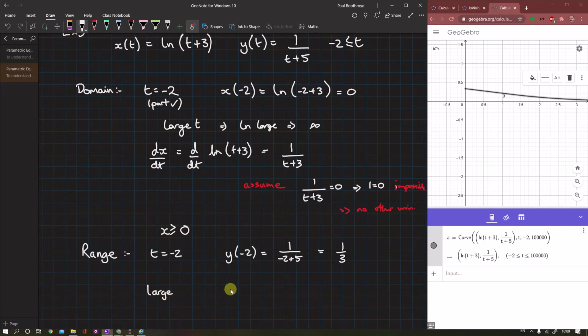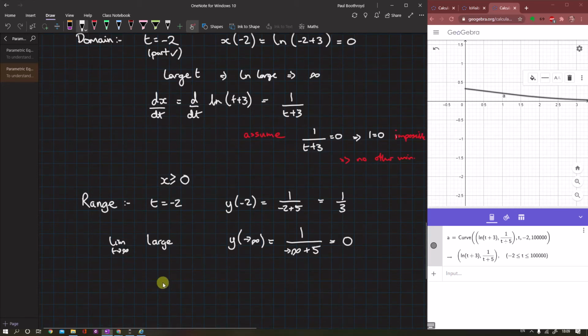As t goes to infinity, we get some number over something getting close to infinity plus 5. So this gets close to 0, but it doesn't reach it. This is a limit. So we do not have 0. It's not part of my range.